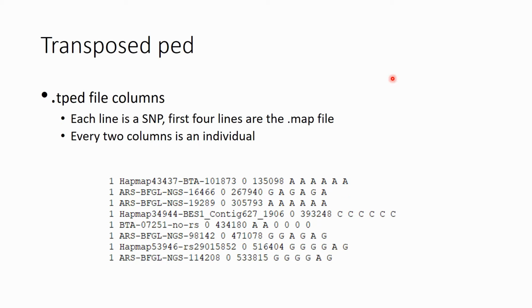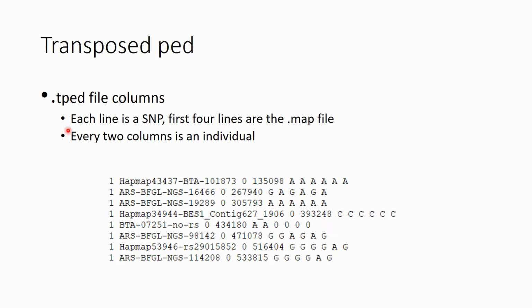Now, this transposed PED file could be a bit confusing if there are many animals, so I limited this particular example data set to 3 animals to be able to show you how it works. Of course, we could do it also with more animals, but this, I think, is a clearer example.